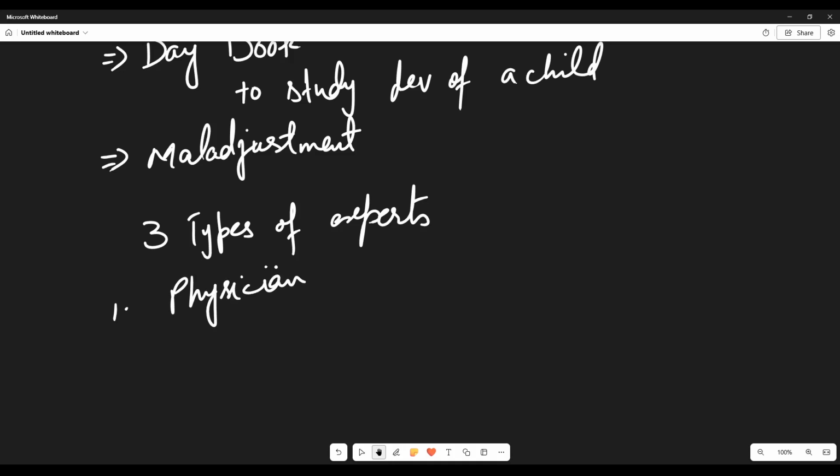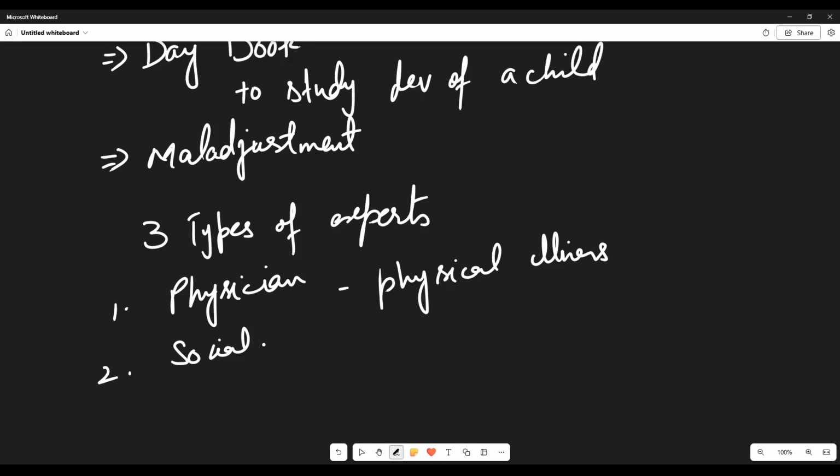The physician diagnoses the physical illness. Number two is a social worker that gathers information about domestic and environmental condition of the subject.